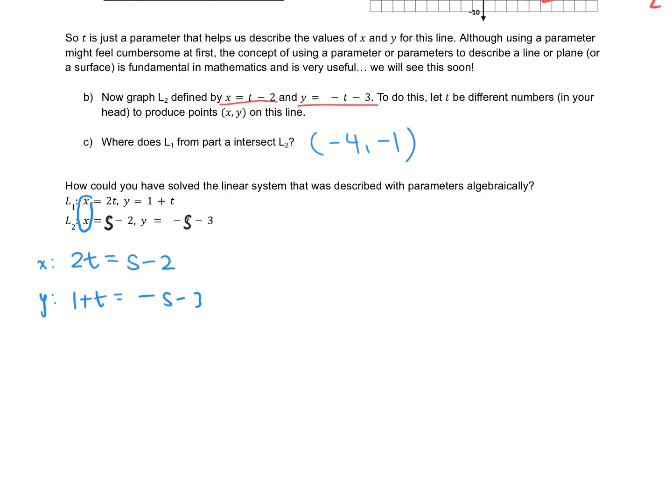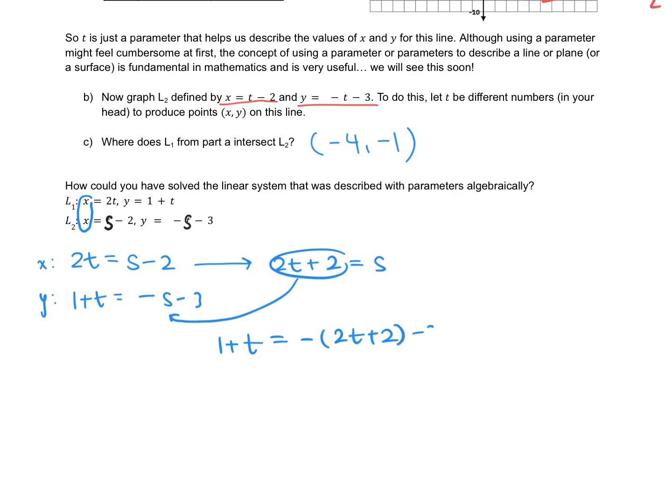And now here's what I have, two equations with two unknowns. So I'm going to solve this one. You know what? Let's do substitution this time. Let's change it up. So I'm going to isolate for s. And now I'll take what s is equal to and sub it into the second equation.